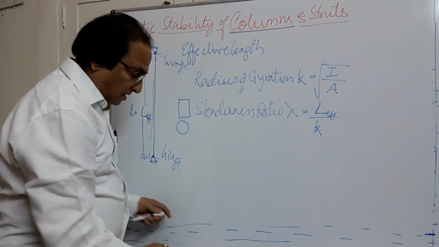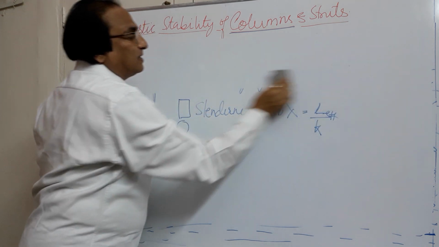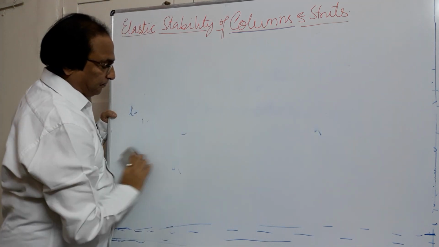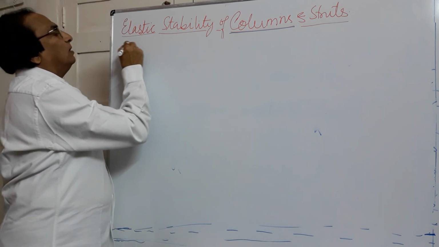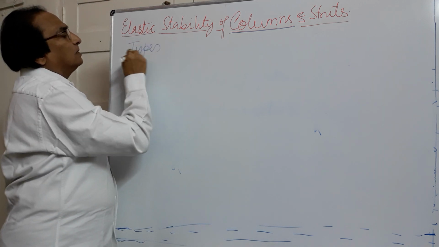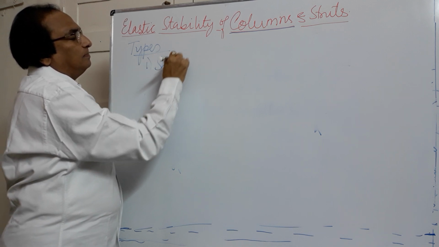So now here we come across in practice different classification of columns, or we can call it types of columns. There are three types of column. One is the short column.